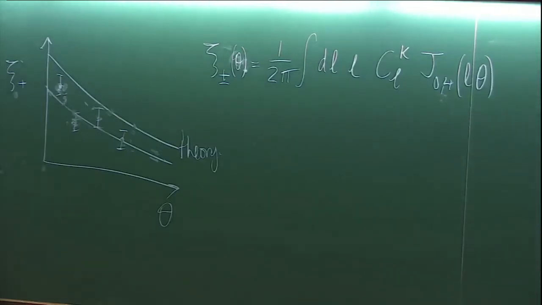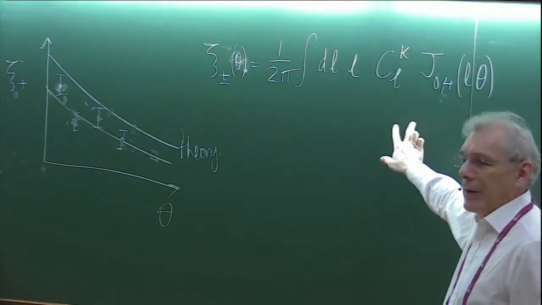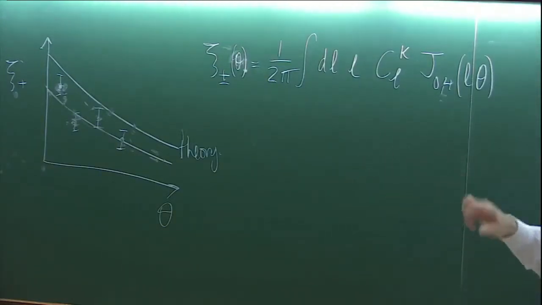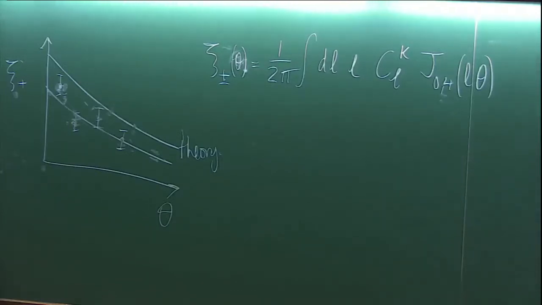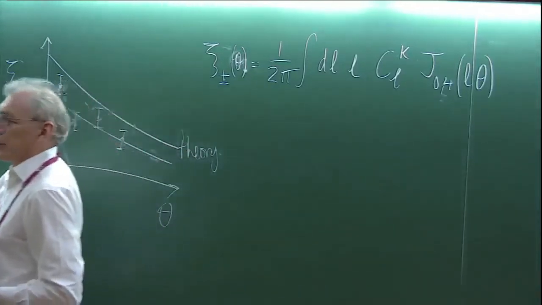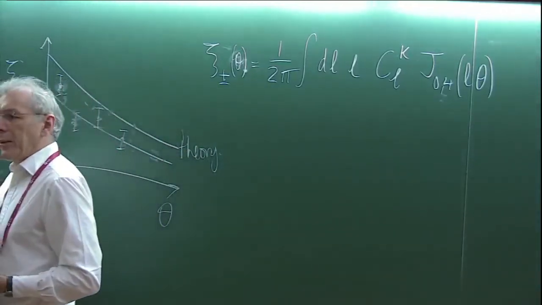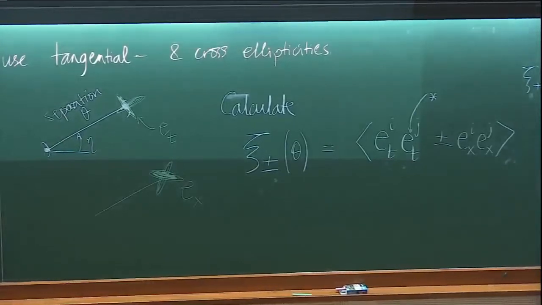You're probably aware that if you take the two-point correlation function of a field, it's related to the power spectrum through a Fourier transform. You've probably seen that. If you haven't, you probably will at some point. So this is the analog of this. It's basically the same idea, but these are spin-2 fields, so the relationship between the correlation function and the power spectrum is slightly different. There are many other statistics you could use, and they will all end up being related to the power spectrum with some sort of kernel.